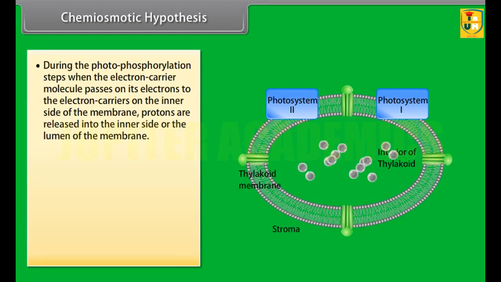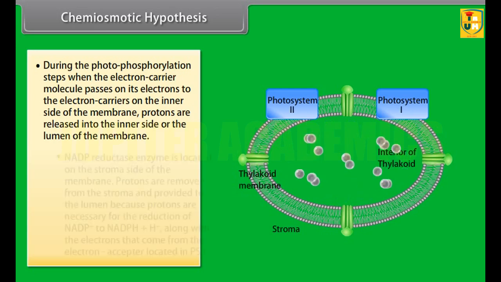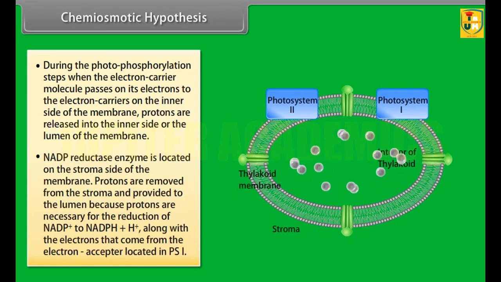During the photophosphorylation steps, when the electron carrier molecule passes on its electrons to the electron carriers on the inner side of the membrane, protons are released into the inner side or the lumen of the membrane. The NADP reductase enzyme is located on the stroma side of the membrane.